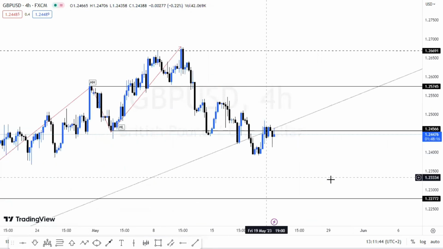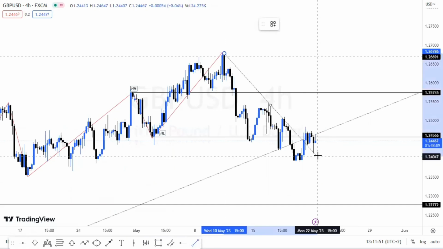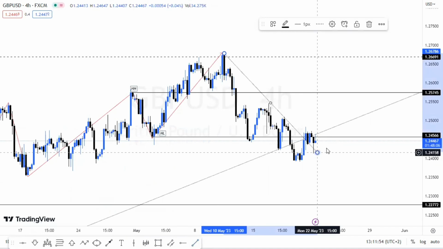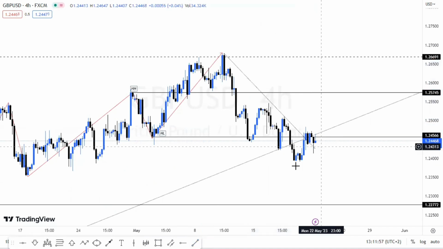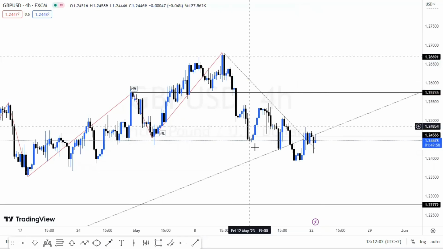And if we look closely, ever since the high was made, or an attempt to make a new high was made, this is what happened. The price has been going down ever since.